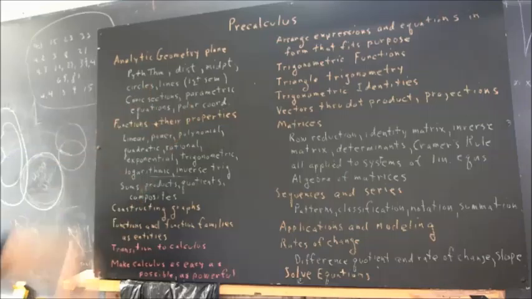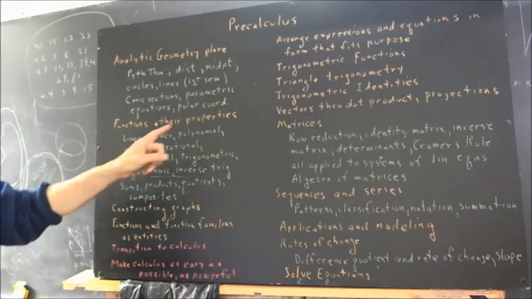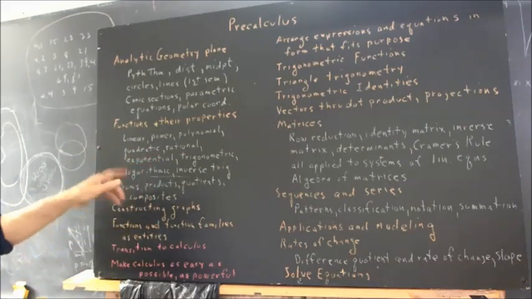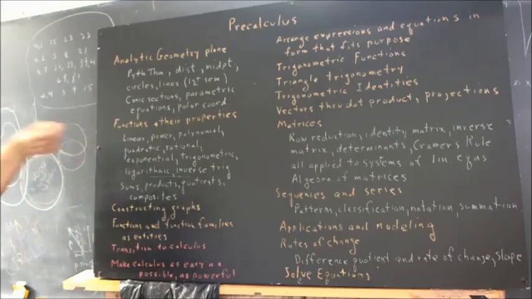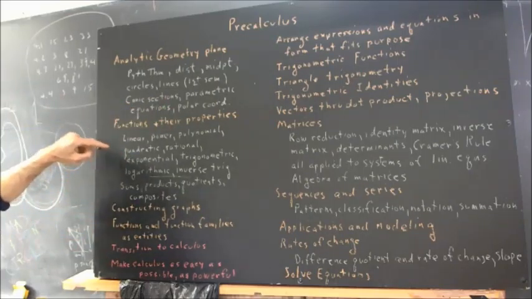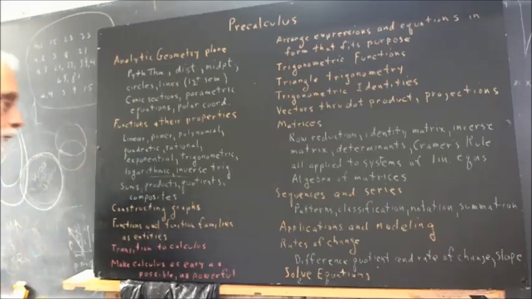Okay, functions and their properties. They are basic functions: linear functions, power functions, polynomial functions, rational, exponential, trigonometric, logarithmic, inverse functions, quadratic functions, which are really a special case of polynomial functions, but very important and deserve their own classification.